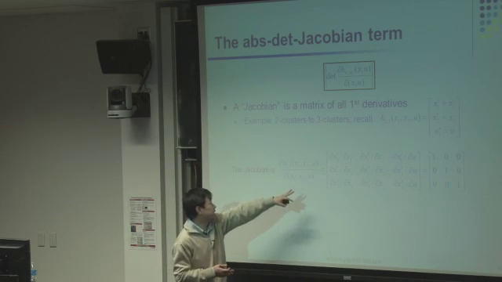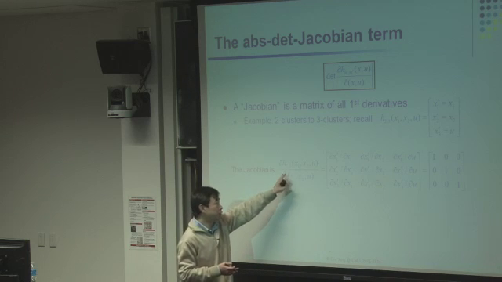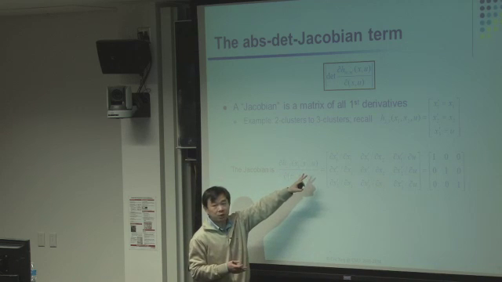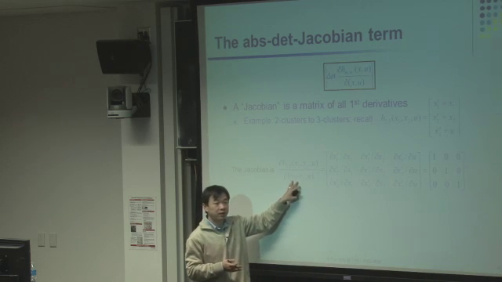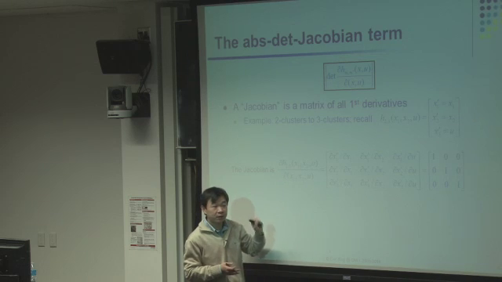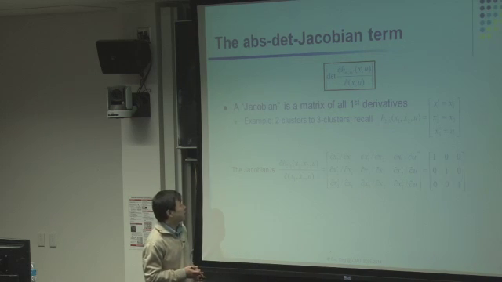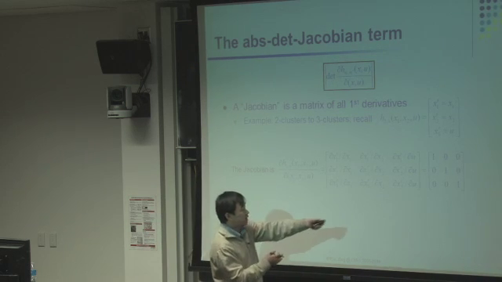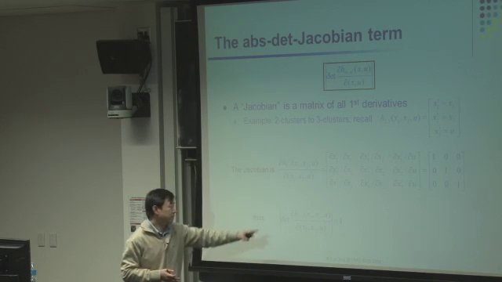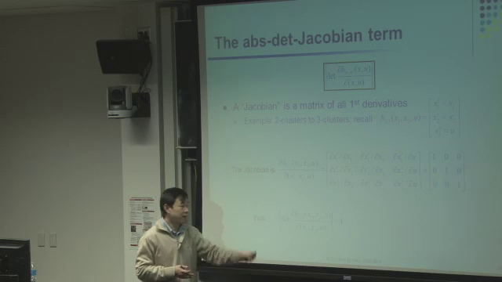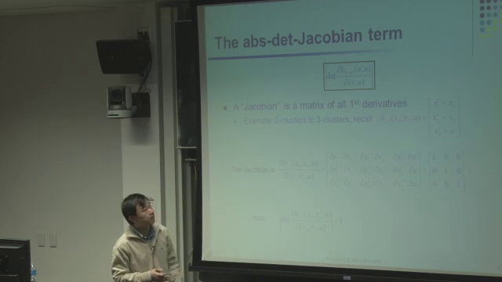You just put this matrix, which gives you the partial derivative of this guy with respect to all the arguments in the transformation. Okay. And then this basically gives you the Jacobian, and you can take a determinant of that, and you take an absolute value. Of course, in this case, you get a 1.